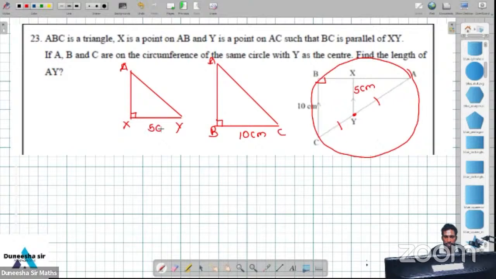This is 5 centimeters. The similar triangles. Okay. Can you tell me AY? AY divided by AC.